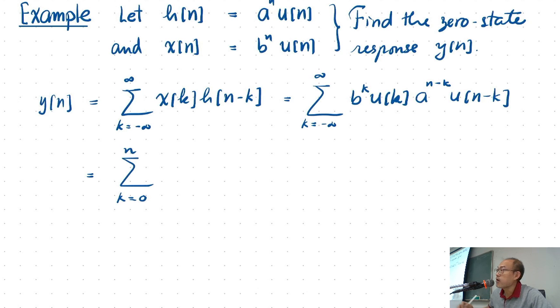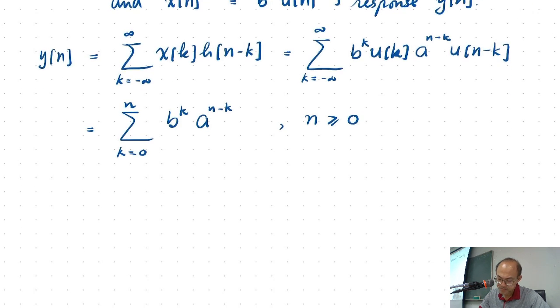And when I do this, all the u's are gone. And I'm going to have b to the k, a to the n minus k, right? And then I have to take a note that n has to be at least 0, otherwise it wouldn't work.